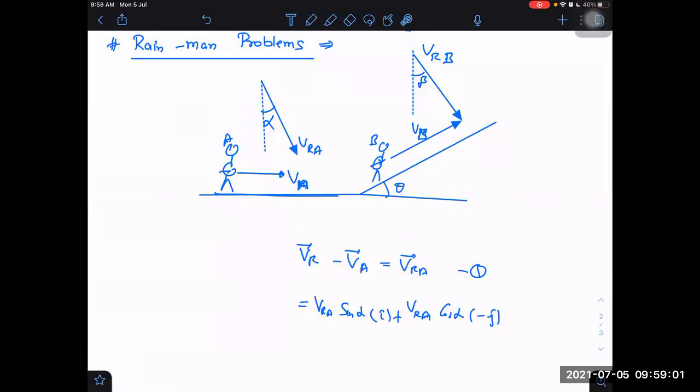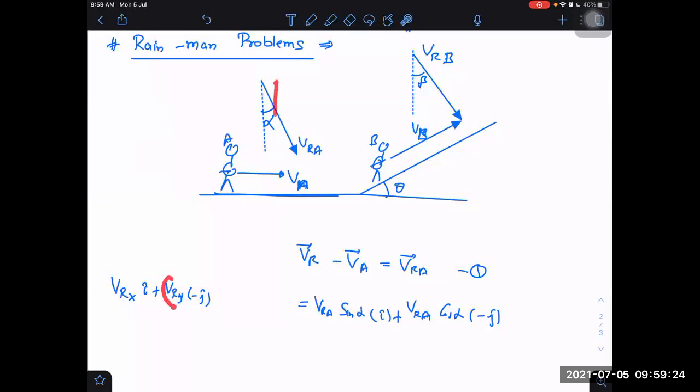What about VR? VR is again unknown. We don't know what the VR value is. But because I have split it into two parts, I will write VRX along i cap plus VRY along, obviously, minus j cap. It will be stupid to think that the rain is going upwards, so I should write VRY along minus j cap. Will we get the answer if I take it as along plus j cap?